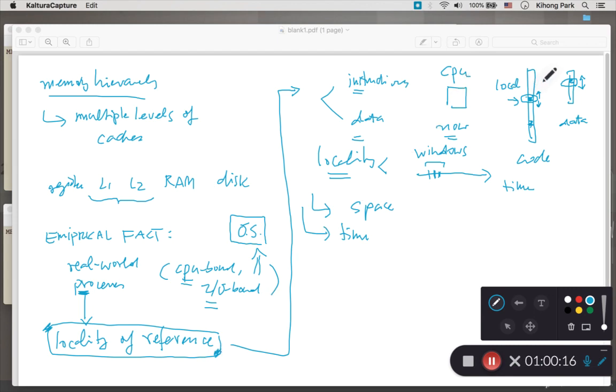That means that although this piece of code is fairly large, this data is fairly large, over the course of time, so this is time, here the process is created, and here the process terminates, the app terminates. So during this time period, the process is alive.